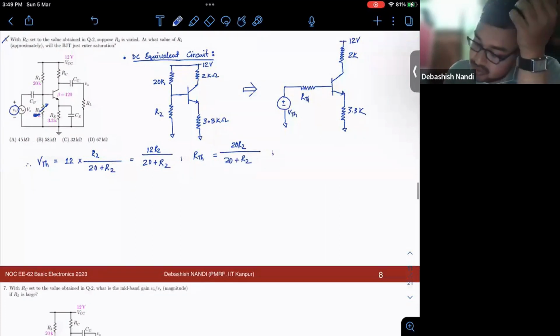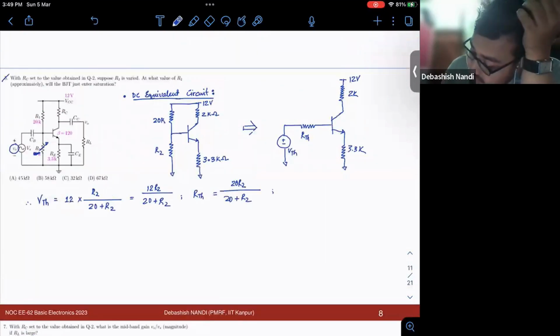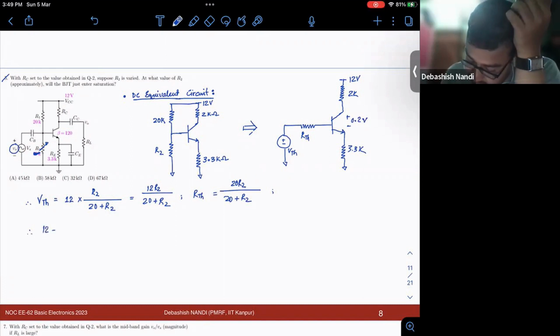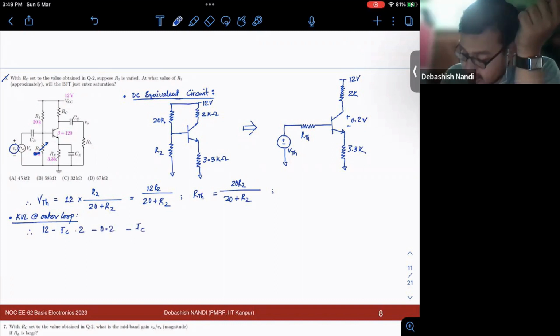Okay. So now for saturation boundary, we know this to be 0.2 volt. That means my 12, this is KVL at outer loop, minus IC into 2 minus 0.2 minus, let me take IC and IE same.